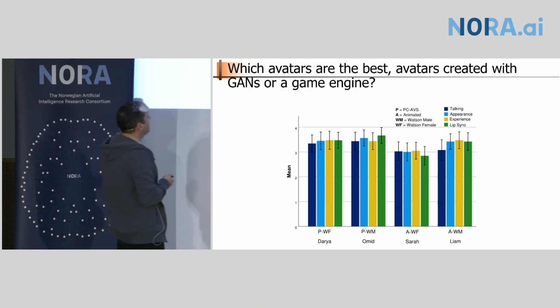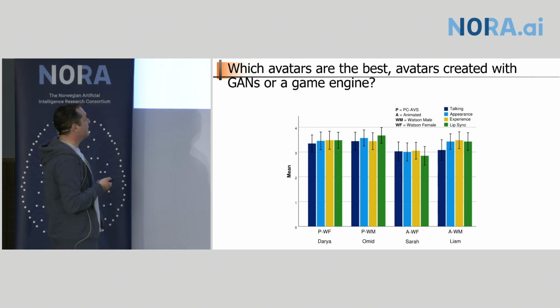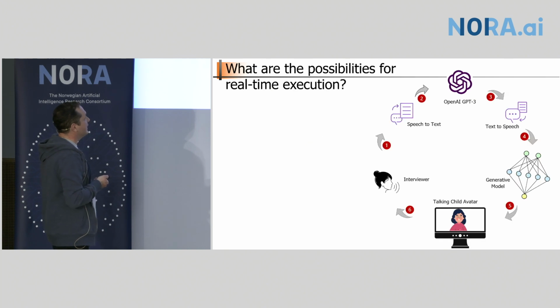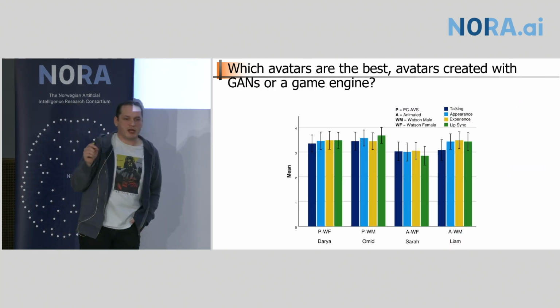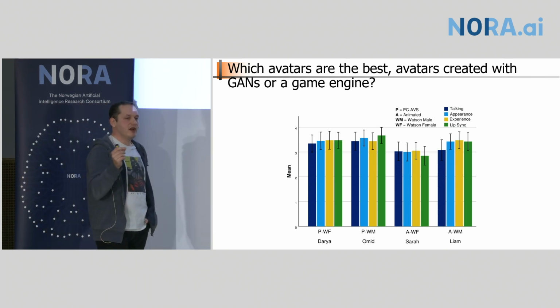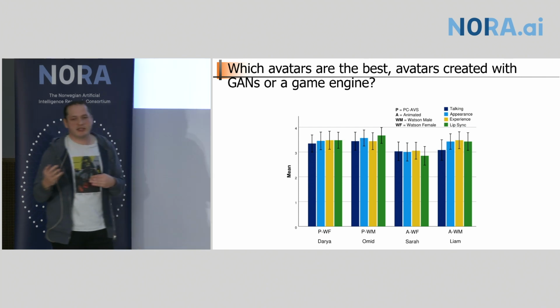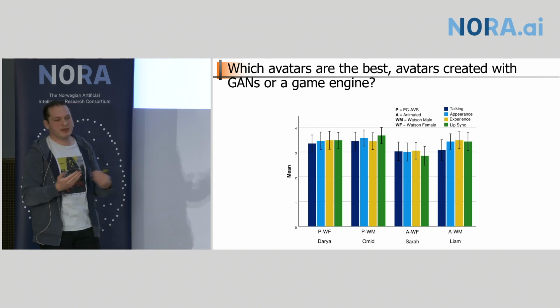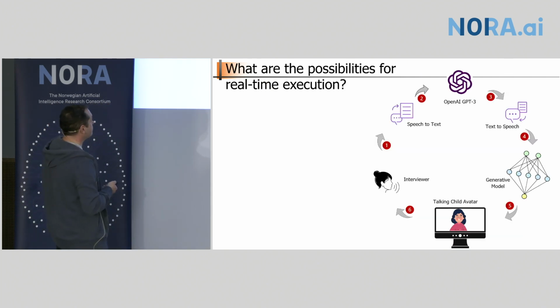And what we could see is what people liked best. We found that the pure audio version was not very popular, and the VR was the most popular. People really liked the VR environment, but didn't like just talking to the avatar without any visual feedback. So the visual feedback is quite important.